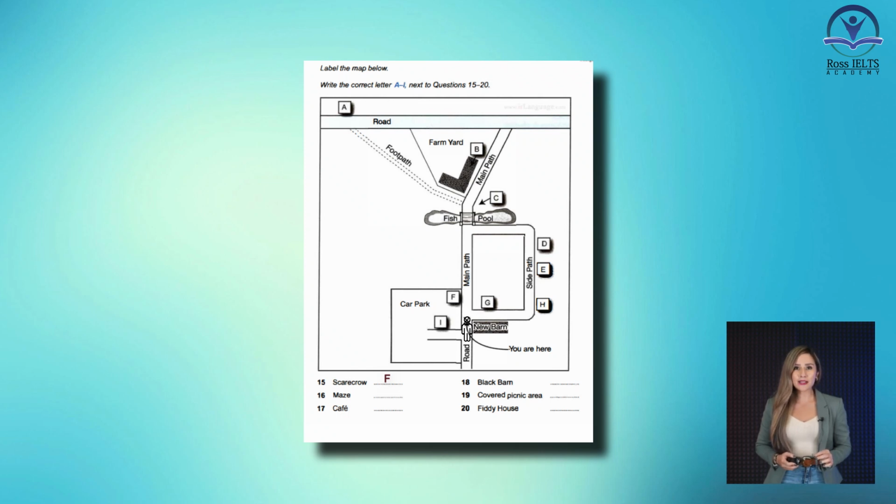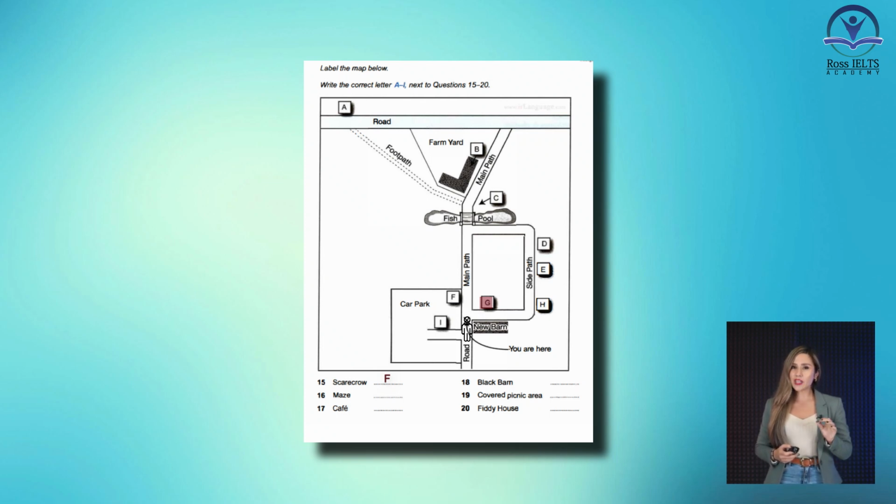Now, looking for the maze, first it says that it's opposite the new barn, which means if the new barn is on one side of the path, the maze would be on the other side. So I guess it could be G, but I don't give the answer to it right away. You shouldn't either. Remember, wait until you hear all the explanation about the given item and then decide, because the speaker may change the answer in the last second.